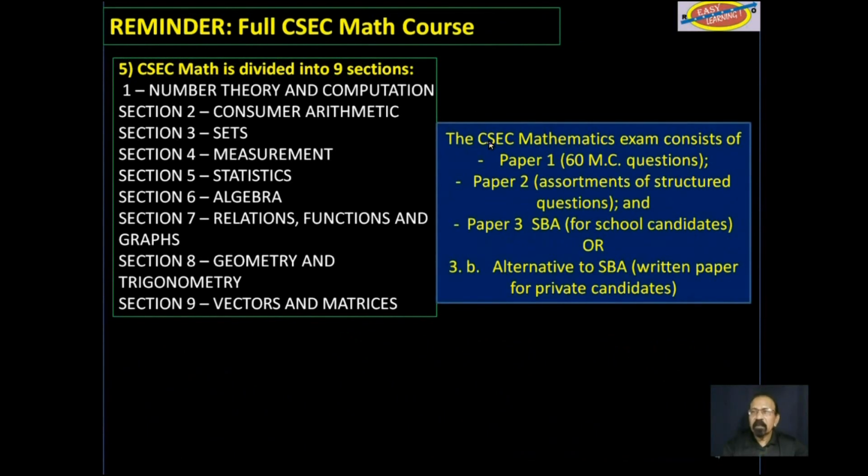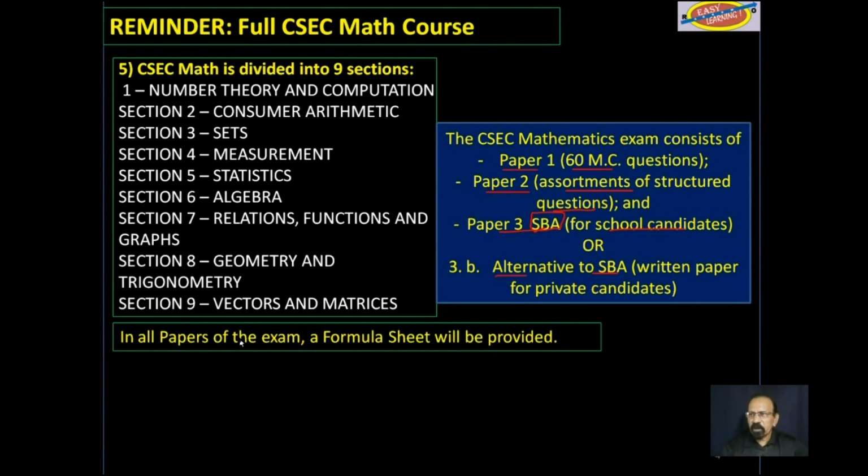Just a reminder that the math exam has 3 papers. Paper 1, 60 multiple choice questions. Paper 2, an assortment of structured questions. And paper 3, which is an SBA if you are in school. And if you are not in school, it's an alternative to the SBA, which follows similar type of questions.